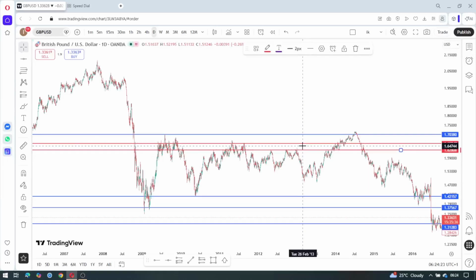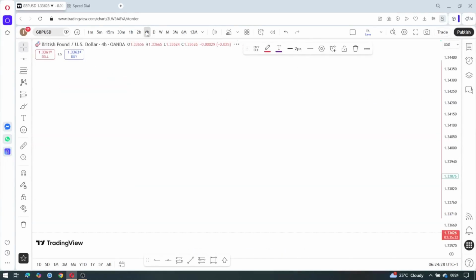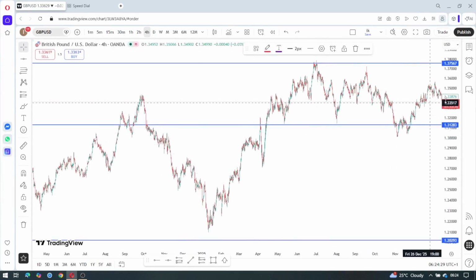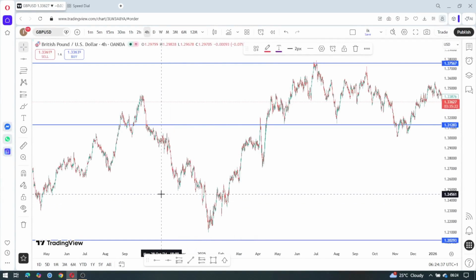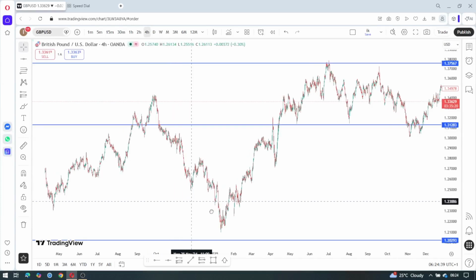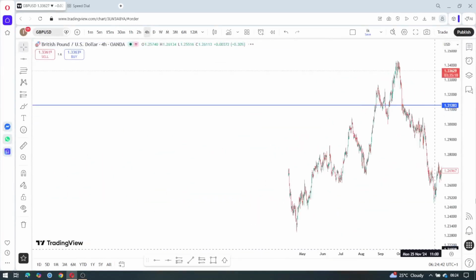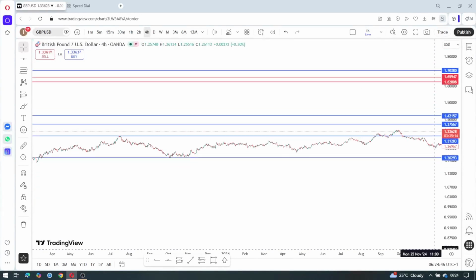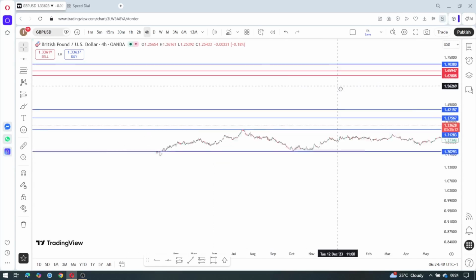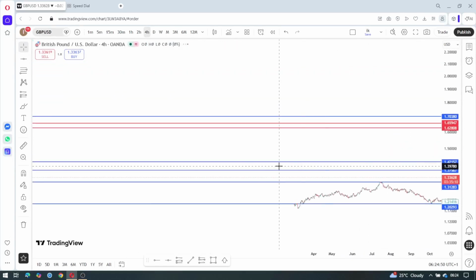Let's go to 4-hour time frame. Let's see the distance between here and here in 4-hour time frame. Let's go. All right, you see you cannot even find it. I'm waiting for this to get it. Let's get where it is. You see how this is far up here.